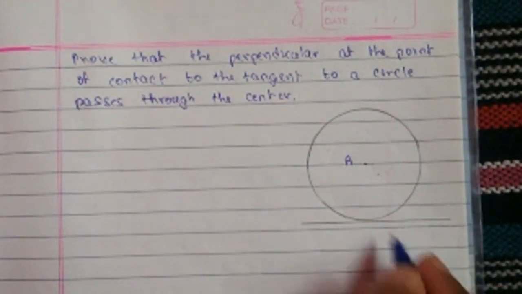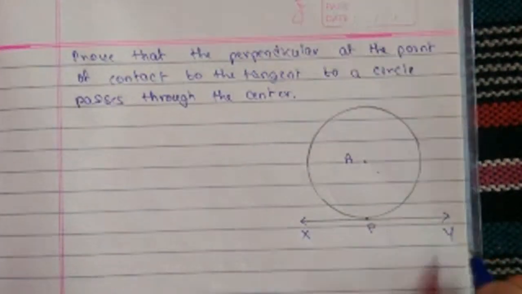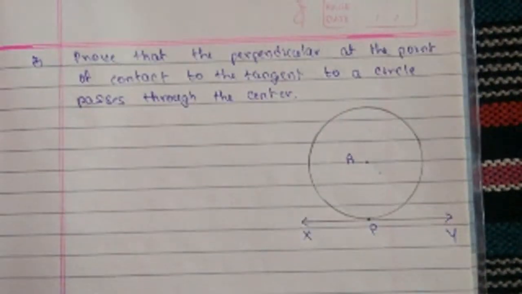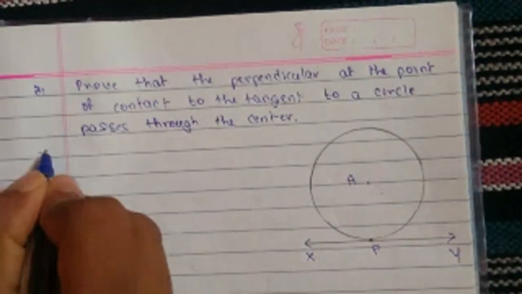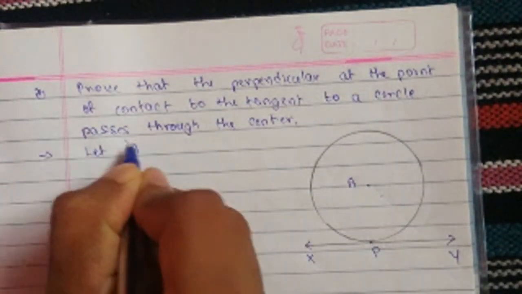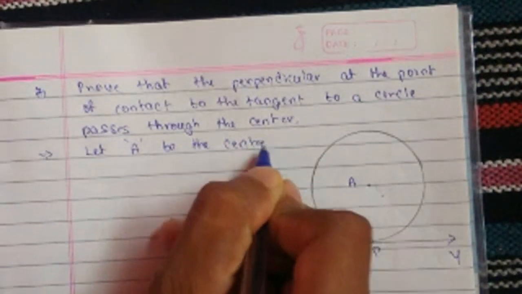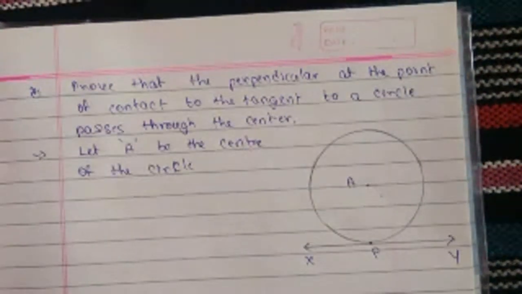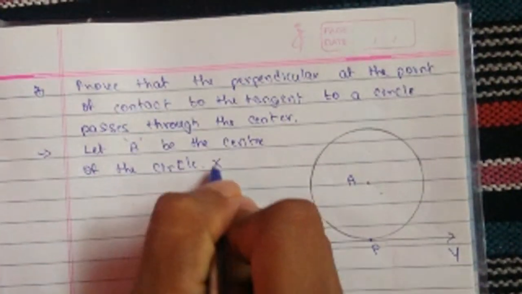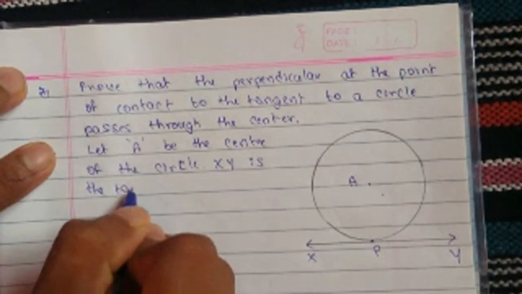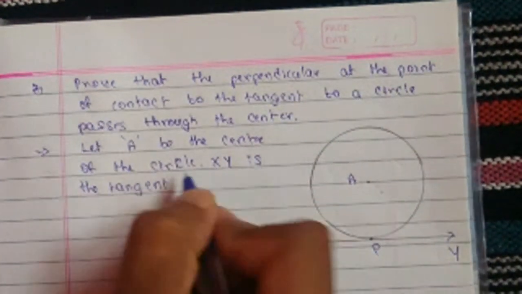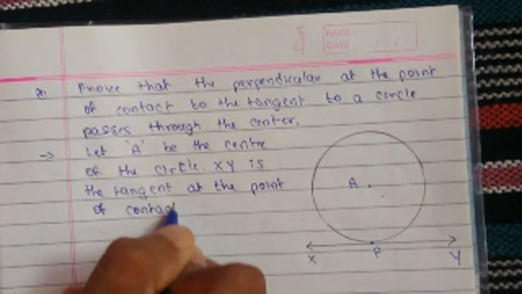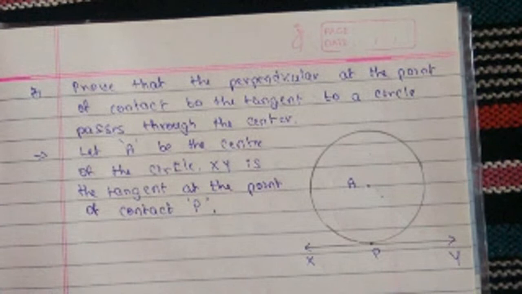I will mark this point as P, this as X, this as Y. Next, let A be the center of the circle, and XY is the tangent at the point of contact P.